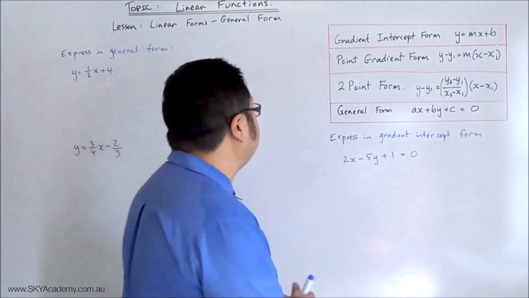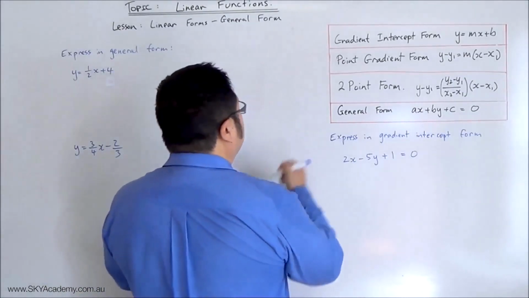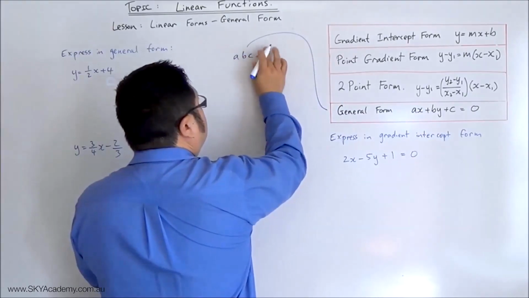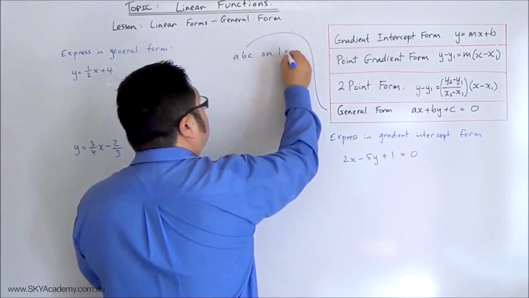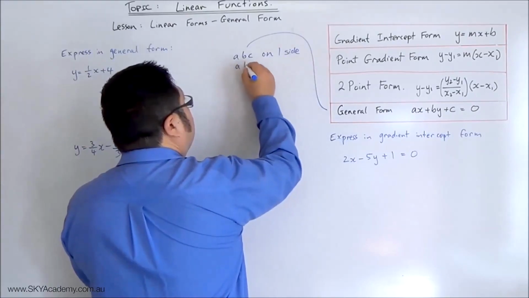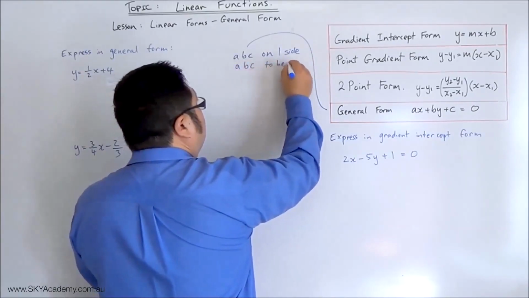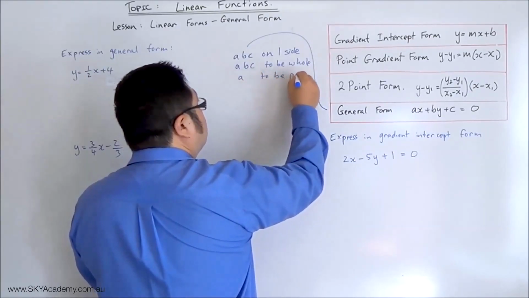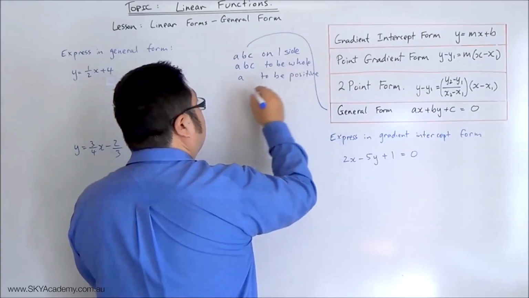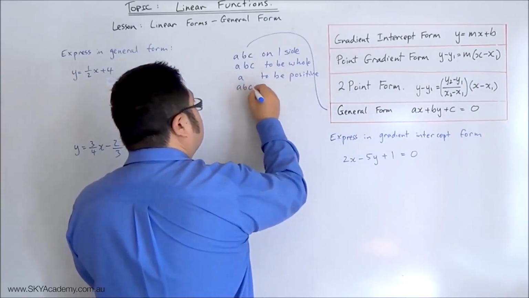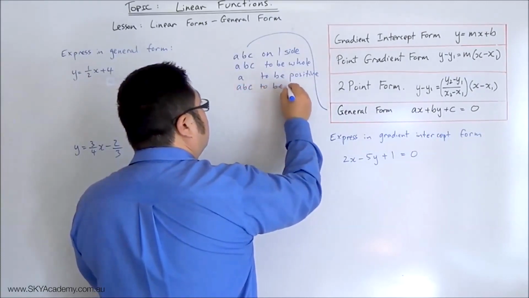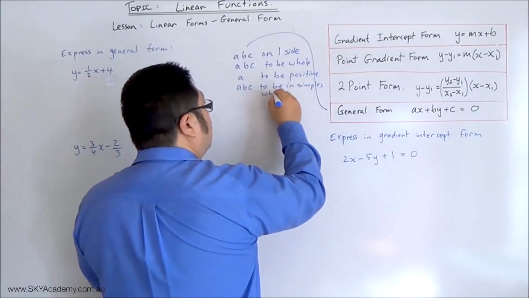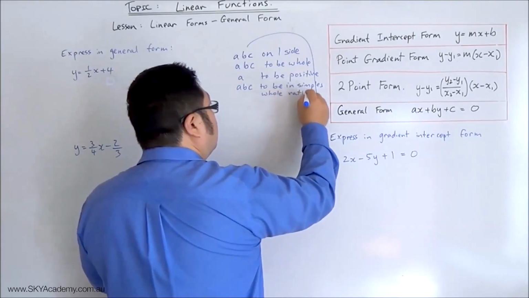So there's three things. Let me just write them down for you. We want a, b and c on one side, a, b and c to be whole, a to be positive, and we want a, b and c to be in simplest whole ratio.